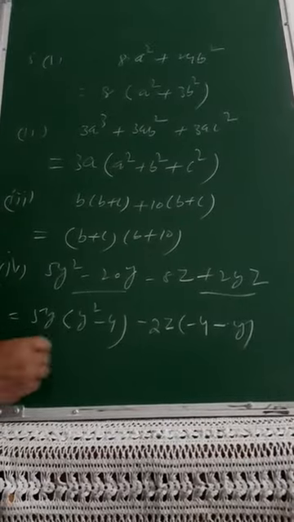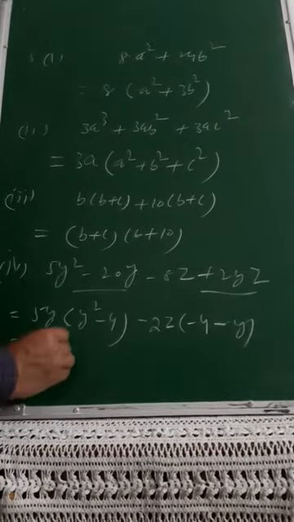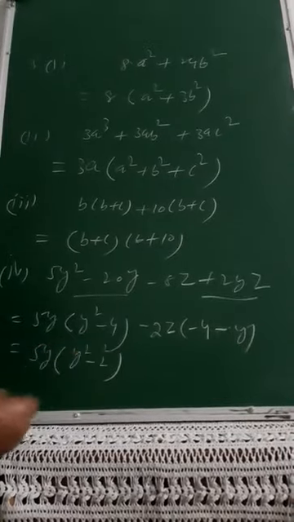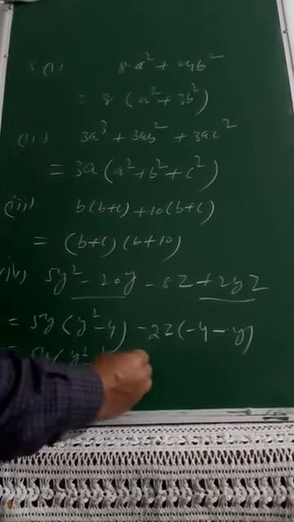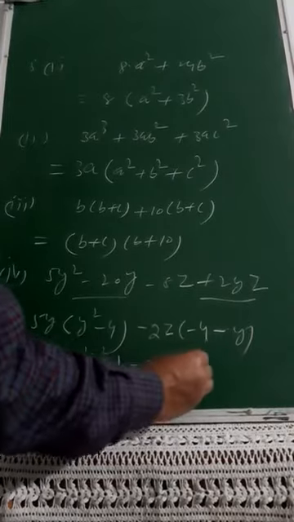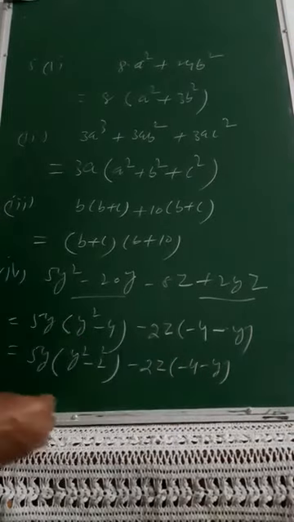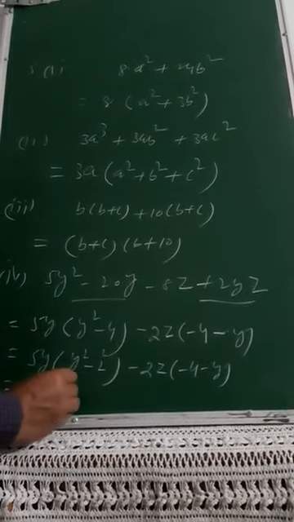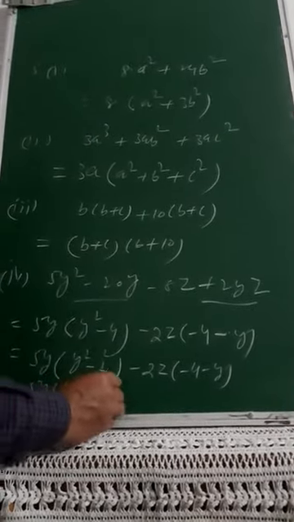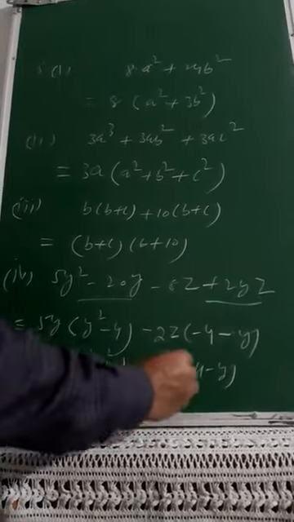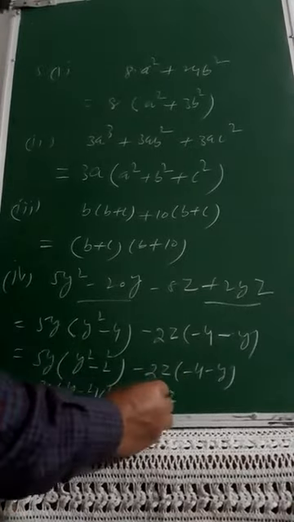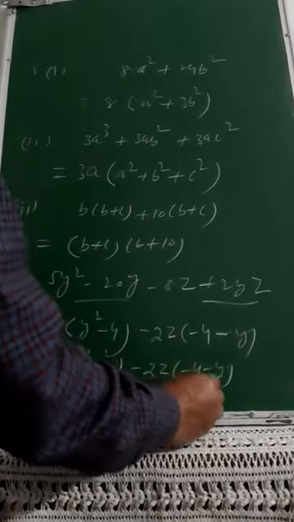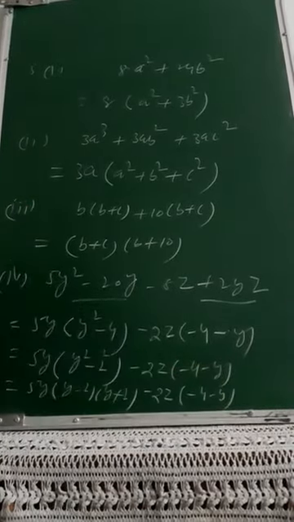And here still the possibility is there, 5y, y square minus 4 can be expressed as y square minus 2 square, and here it will remain minus 2z into minus 4 minus y. So if you go here, it will be 5y into y minus 2 or y plus 2, and then it is minus 2z into minus 4 minus y.